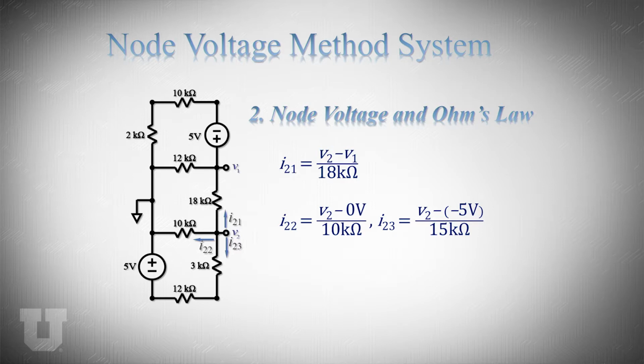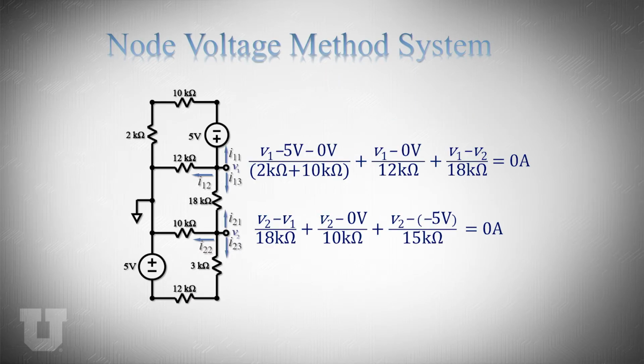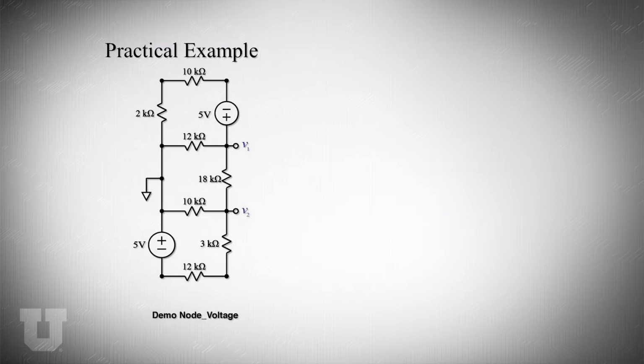And I23 is just V2 minus 5 volts, since there is a power supply there, divided by the summation of all the resistors there, 3 plus 12K. So we have two equations, two unknowns, and we want to solve for V1 and V2. By calculation, and you can just do this in MATLAB, V1 is equal to 1.6 and V2 is equal to minus 1.1.